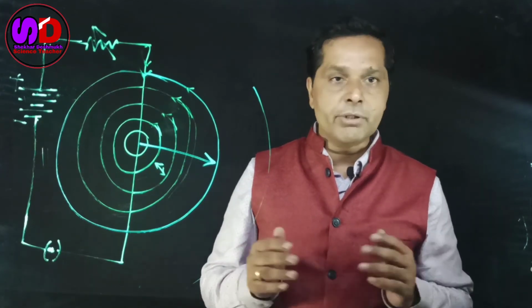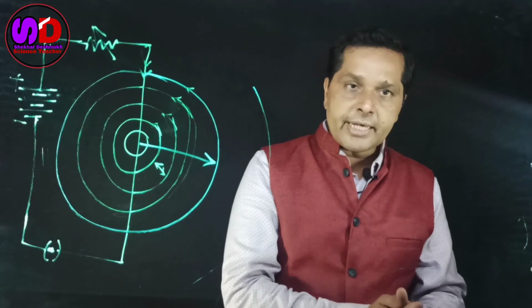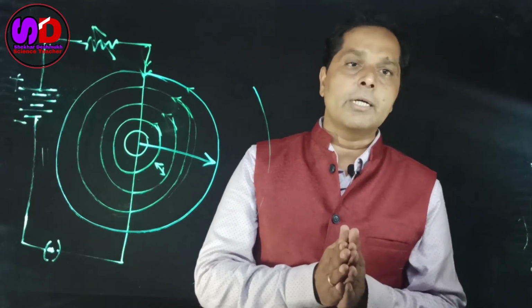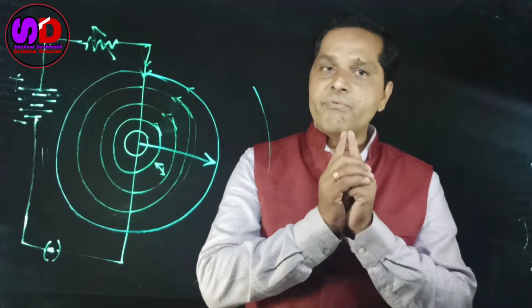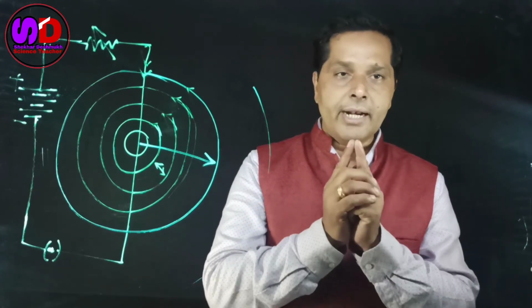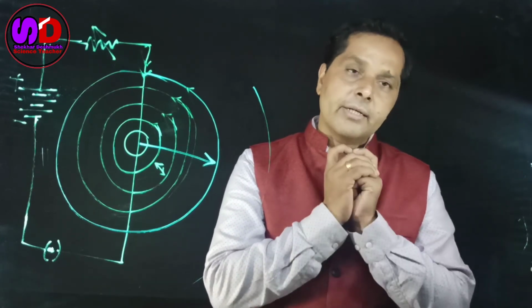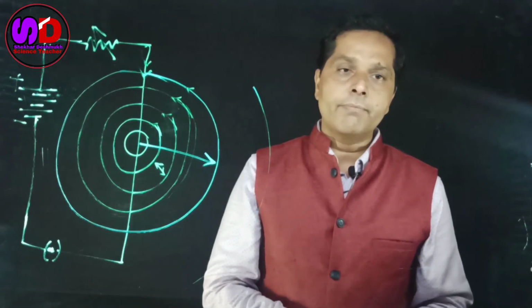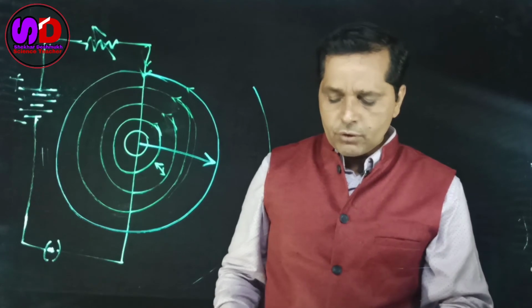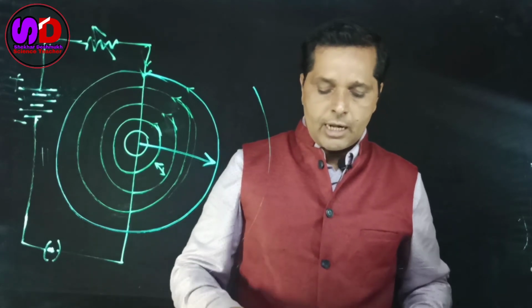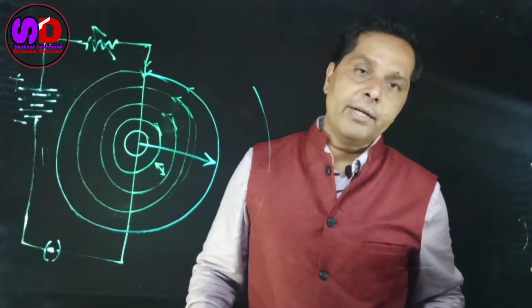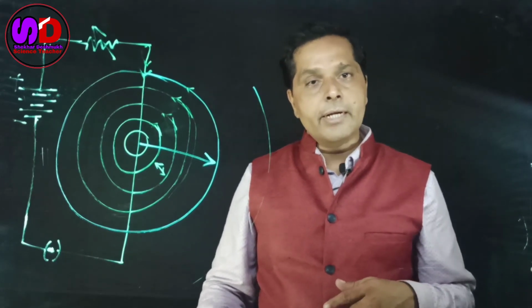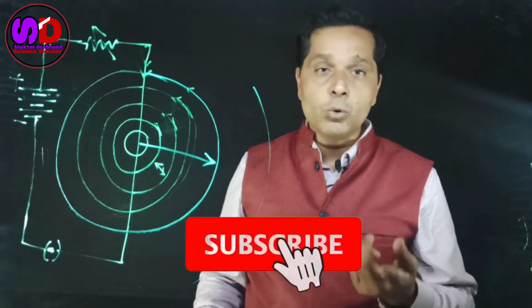In this case, we discussed only that whenever current flows through a conductor, a magnetic field is generated around that current carrying conductor. So we will stop here for this video. In the next video, we will discuss the magnetic field created by a current carrying conductor in a circular loop.